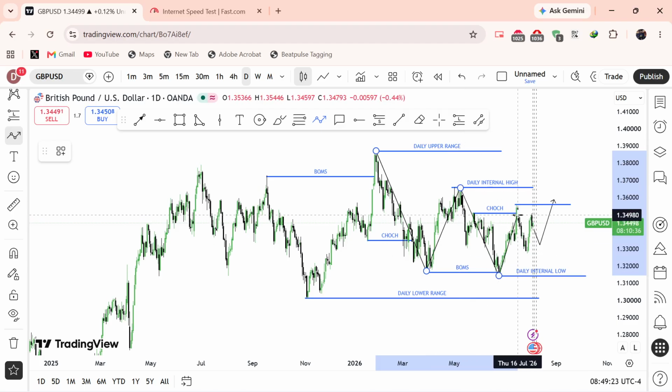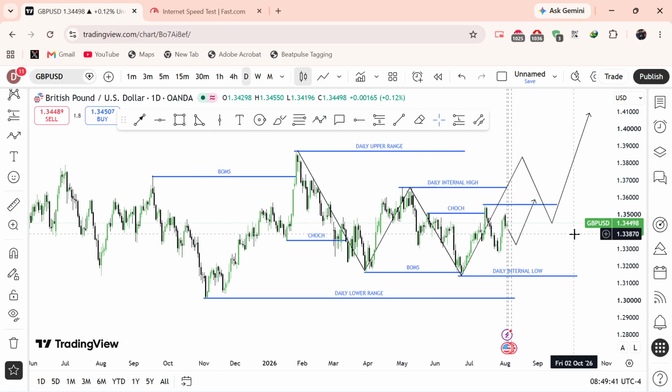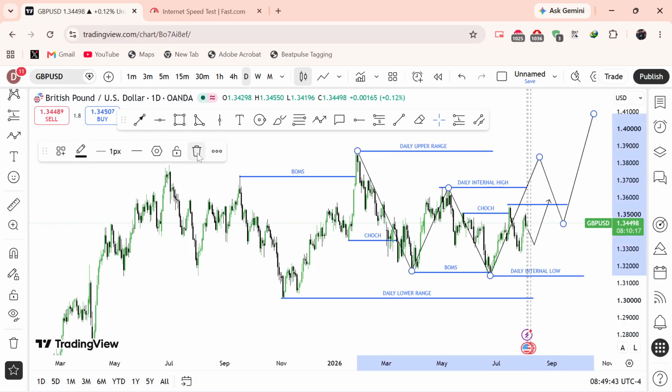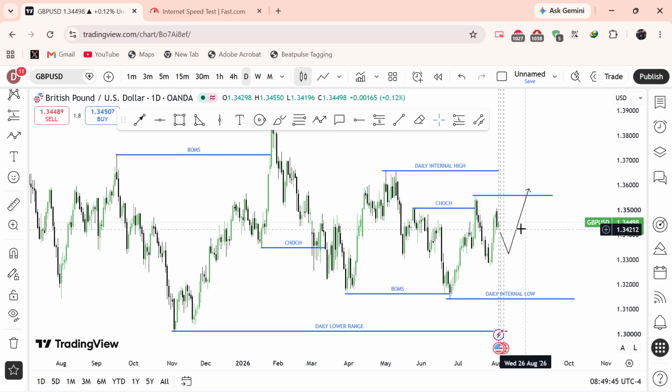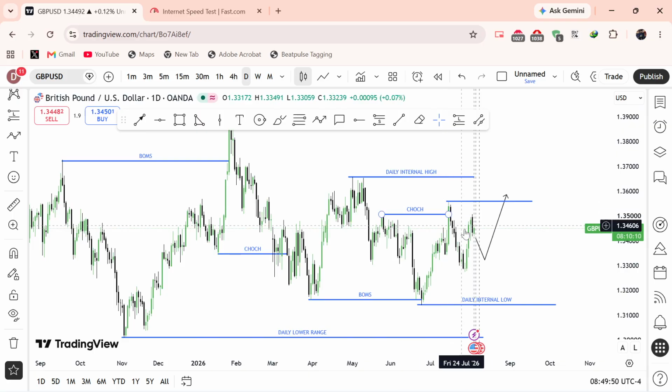If on Friday the data that you get takes out this high, this is going to change the narrative of GU to being bullish. So for now, let's focus on the data that you get on Friday not taking out this high.